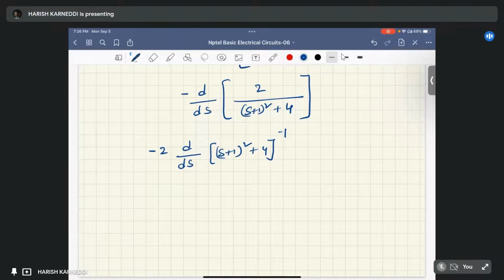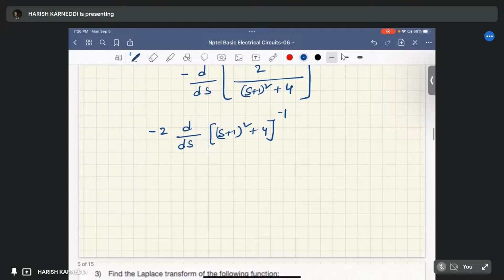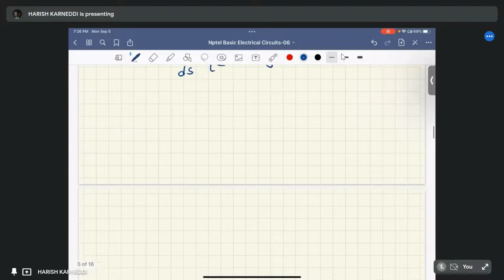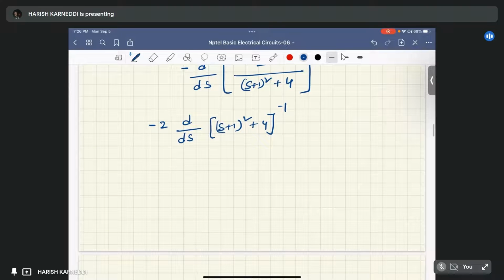We can write it like this, just add to numerator. So this is minus 2 times the differentiation of x power minus 1, which you can write like this, minus 1 into x power minus 2.